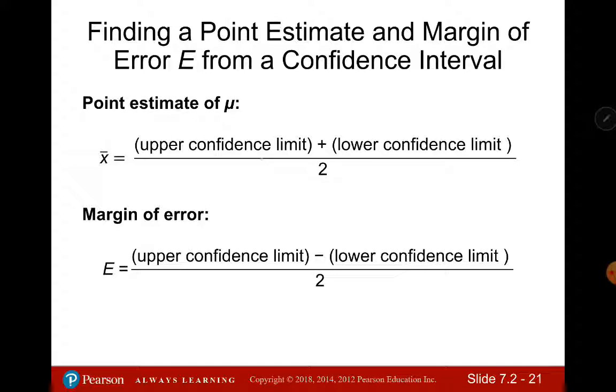We use the sum of upper limit and the lower limit divided by 2 to get the point estimate if we are only given the confidence interval. So we can use confidence interval to get the margin of error and the point estimate by using these two formulas. It's just the same formula as last section.